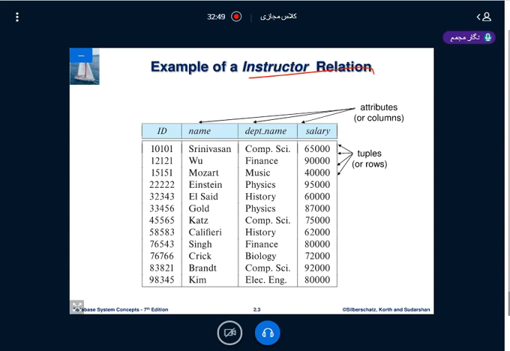Then I just want to review the concepts. But if you don't know anything about databases, you must read the first chapter first, then you can understand the concepts of database.